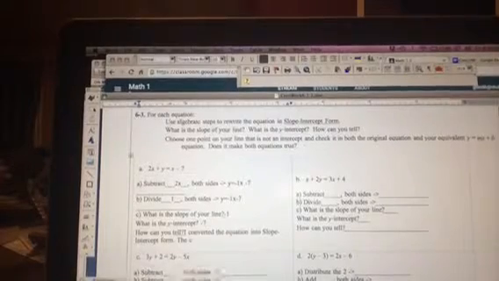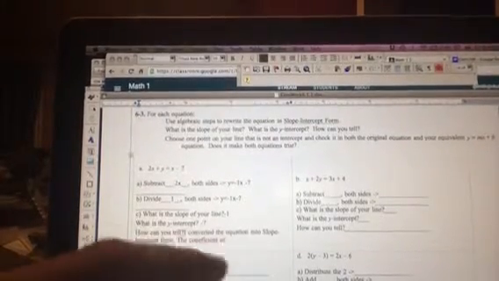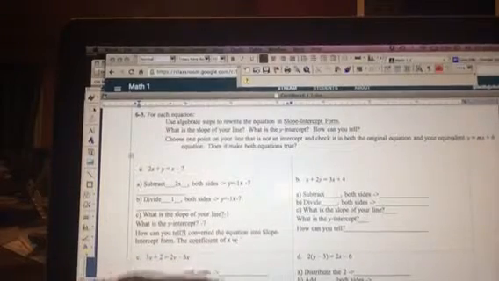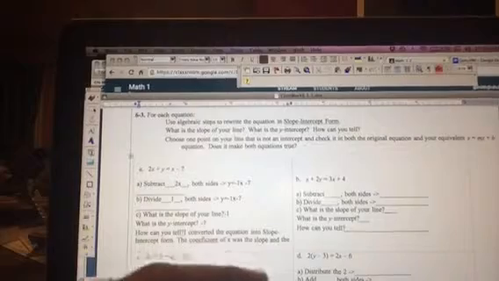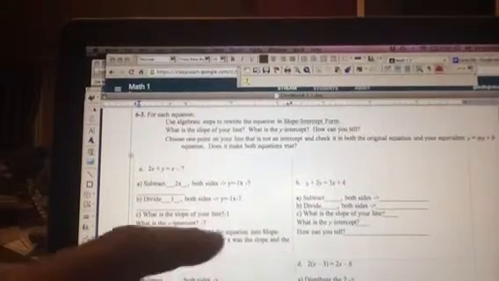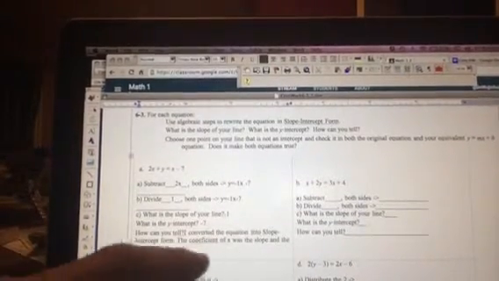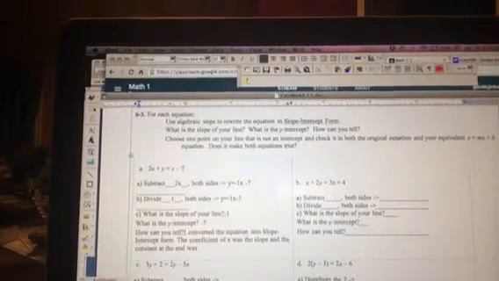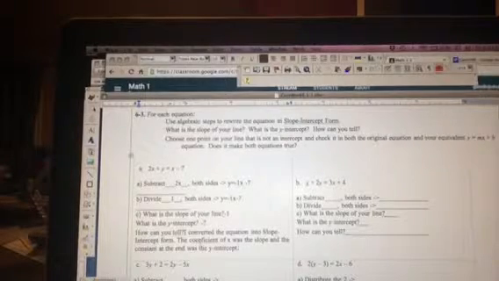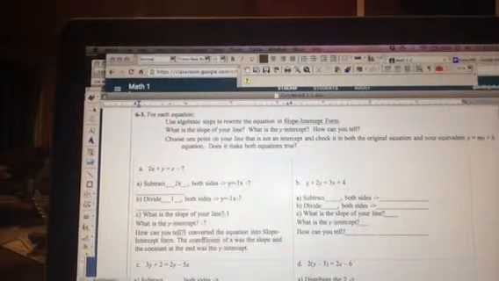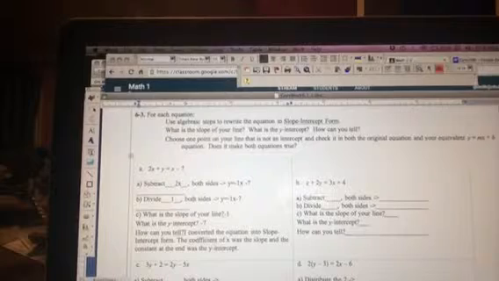The coefficient of x was the slope, and the constant at the end was the y-intercept. What that means is, well, of course, let me make sure my spelling is correct. Yeah, 2 e's instead of 2 f's.